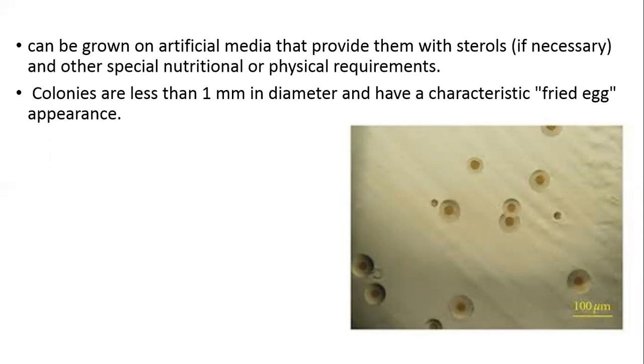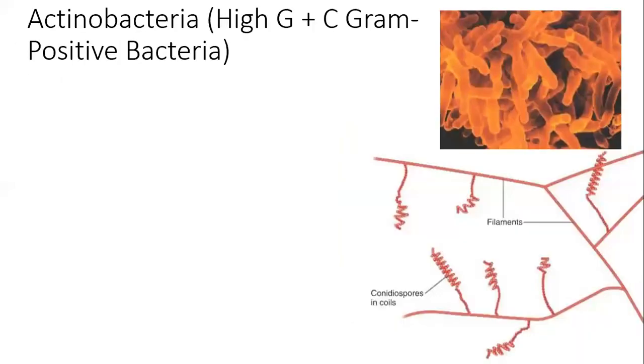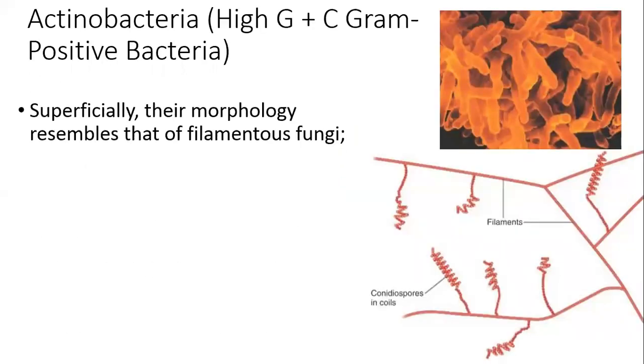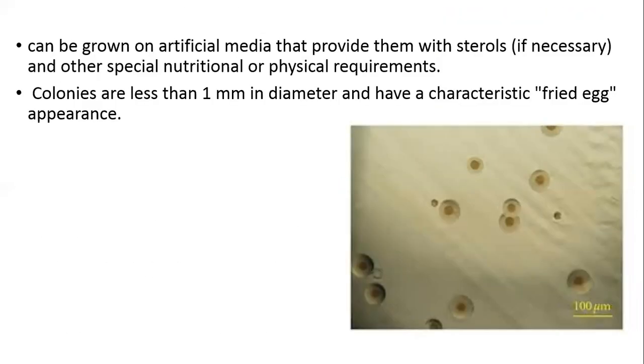They have a fried egg-like appearance, which is very unique, so you can easily differentiate and notice mycoplasma under the microscope. So this was all about volume 3, and I shall stop here, and I'll make another video lecture for you comprising volume 4.